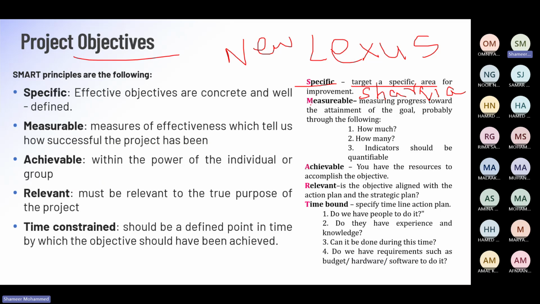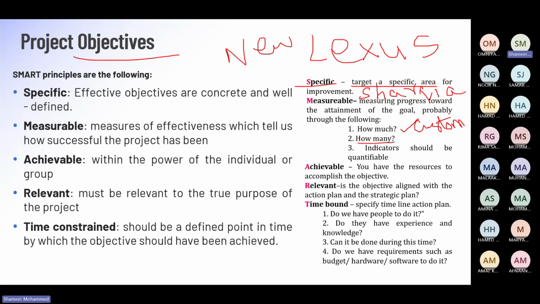How can they measure progress, measuring the progress towards attaining the goal? That is, how many customers you met, how many customers you went and talked and discussed with about this new car, how many people, and indicators should be quantifiable.